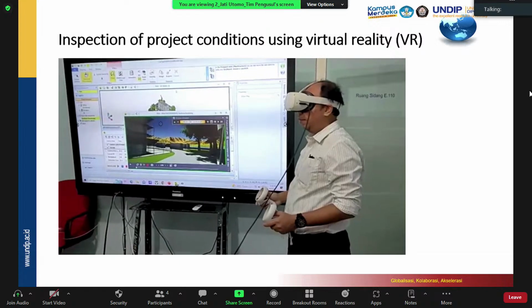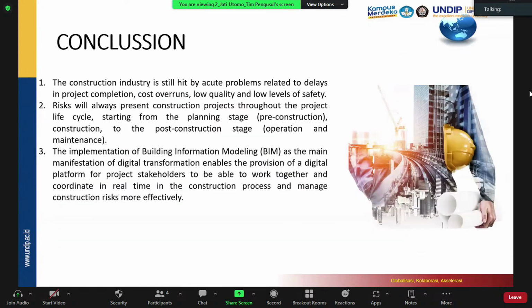In conclusion, the construction industry is still hit by many problems related to delays, cost overrun, low quality, and low level of safety, and risk is always there depending on the phase of the project, whether in planning, construction, or post-construction.